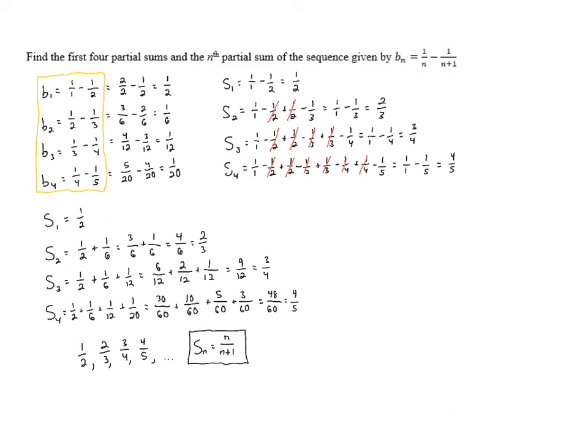And so here, if we wanted to find the nth partial sum, we're going to have 1 over 1 minus 1/2 plus 1/2 minus 1/3 plus ... all the way up to the nth term, which is 1 over n minus 1 over n plus 1. And again, everything is going to cancel except the first and the last terms.